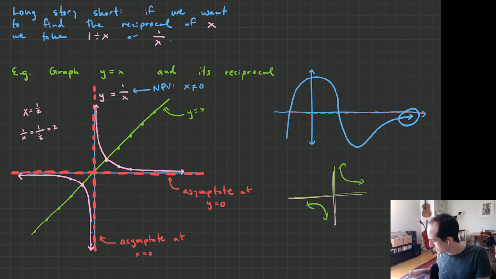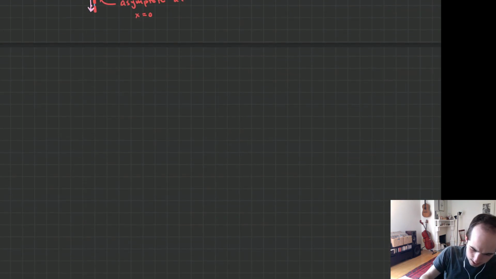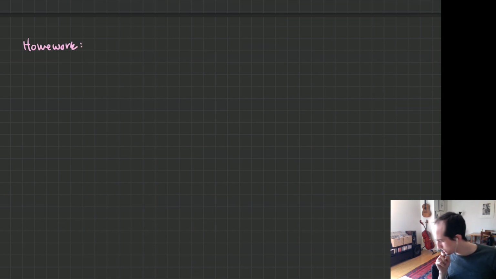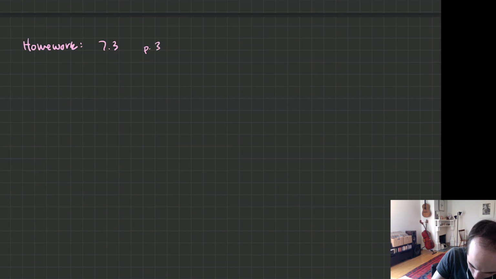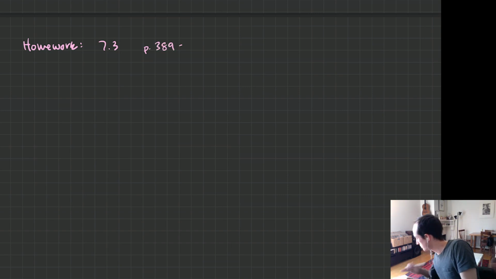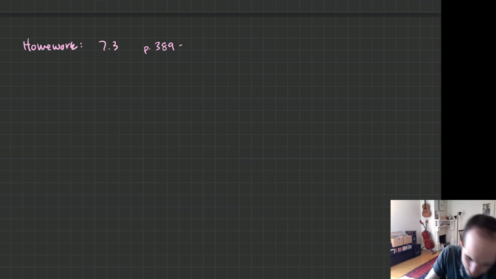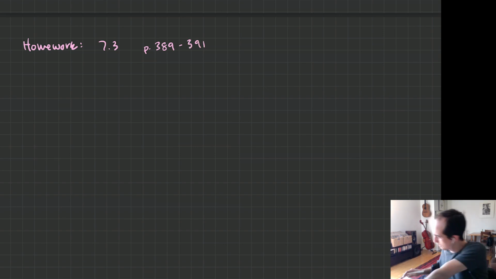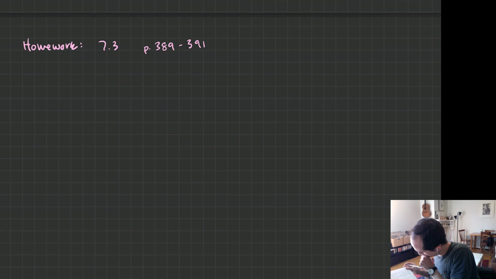Okay, so absolute value equations, 7.3. Homework for today is 7.3, which starts on page 389 and ends on page 391.